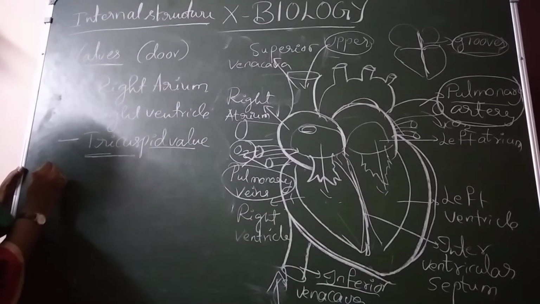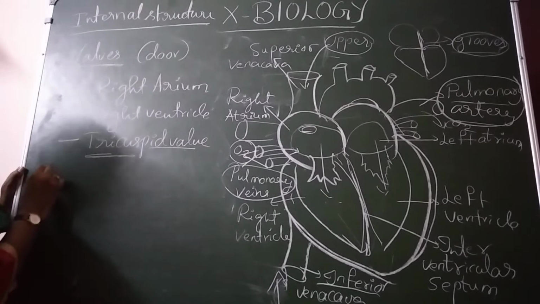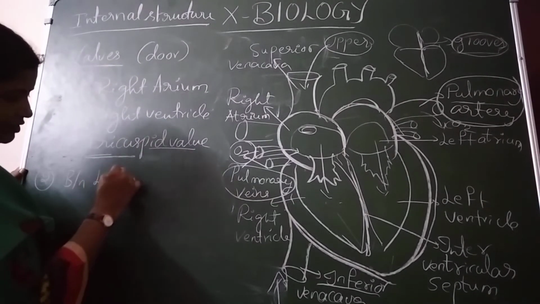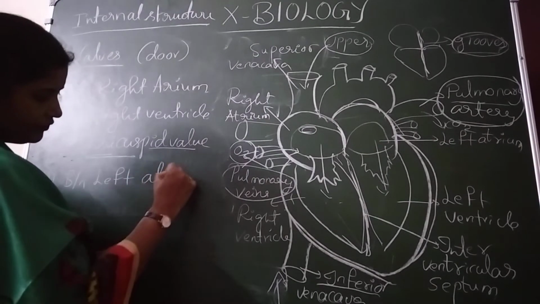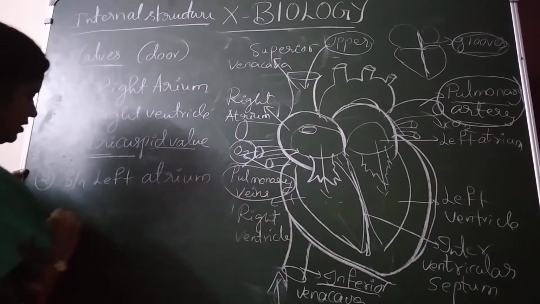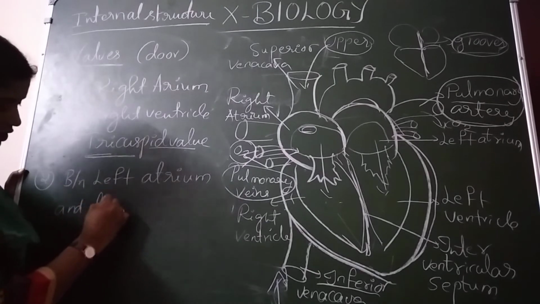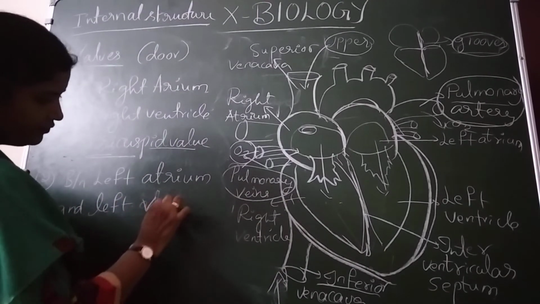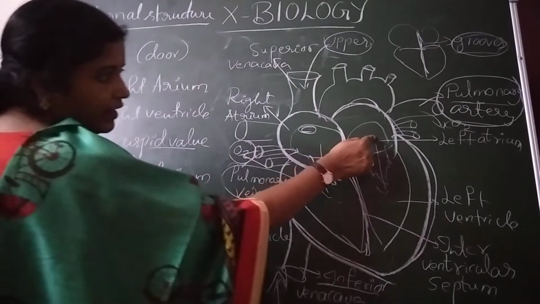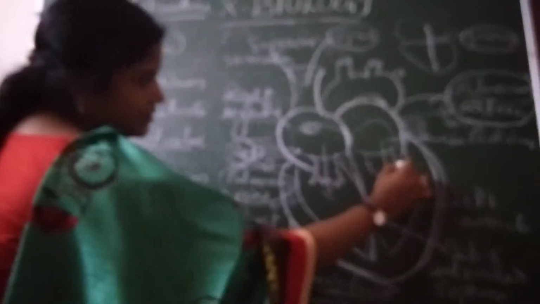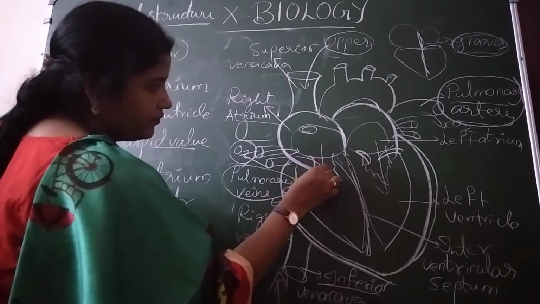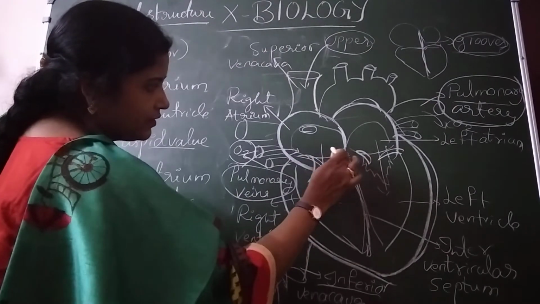Okay, then second one, between left atrium and left ventricle. Okay, between left atrium and left ventricle, the valve will be, see these are valve-like structures.